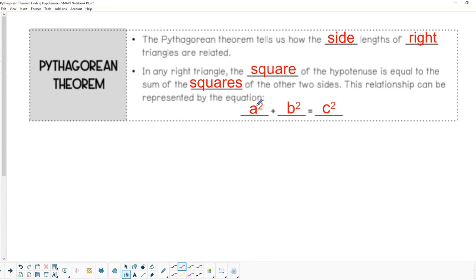However long side A is squared plus however long B is squared will always equal however long C is squared, every time you have a right triangle. There are no exceptions to this rule.